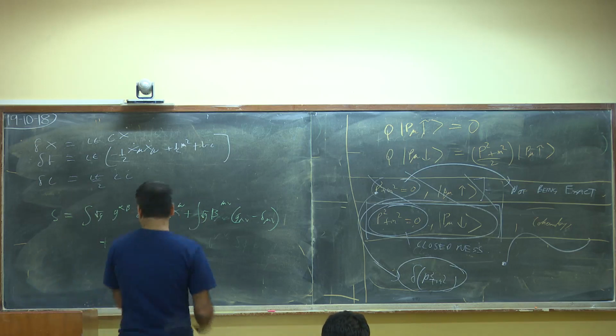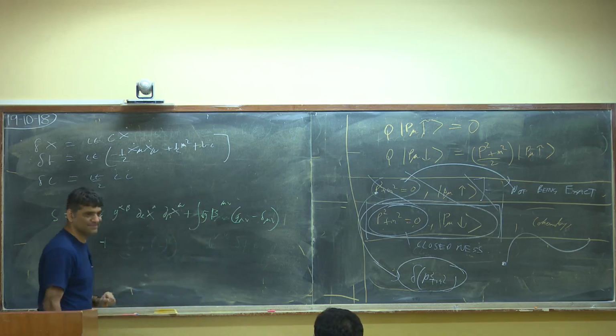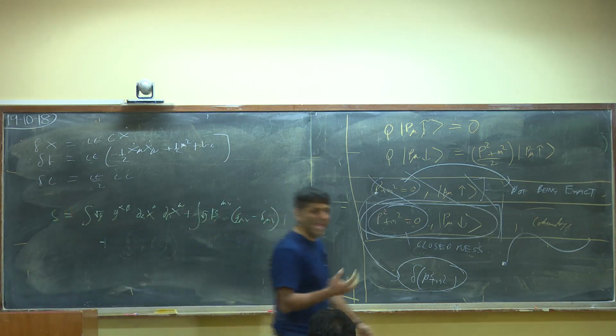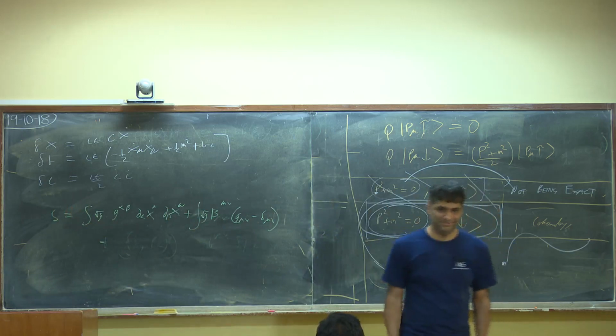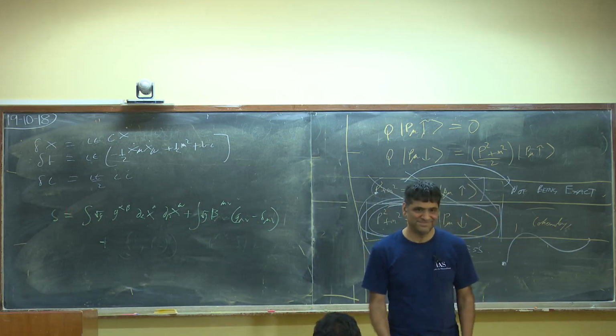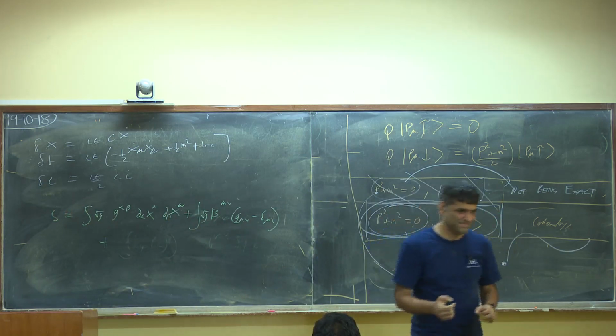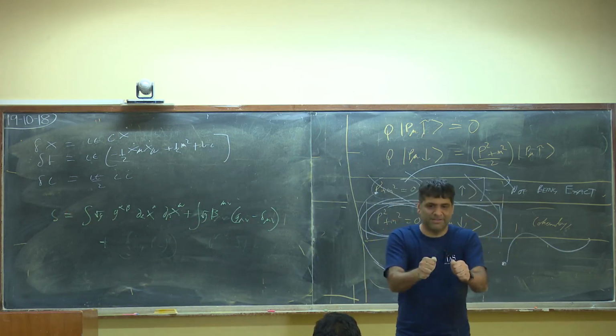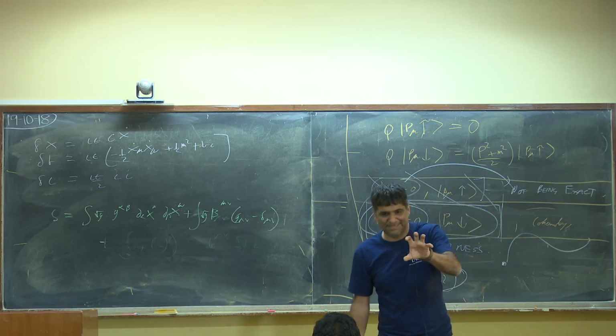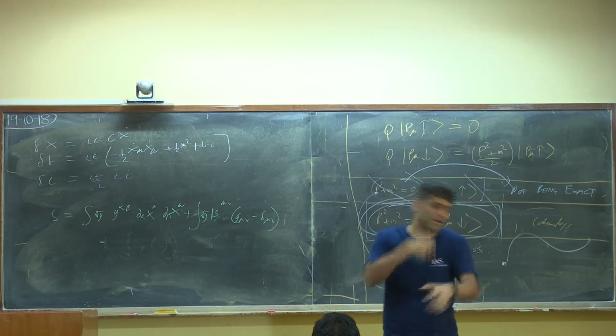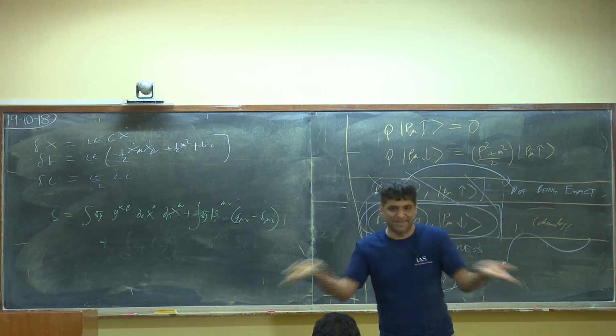Then for that you work out the algebra of the symmetries. The algebra of the Weyl symmetry is very simple, because Weyl transformation acts only on the metric. It's an abelian symmetry. You multiply the metric by some overall factor, you multiply by another overall factor. It's a very simple symmetry.